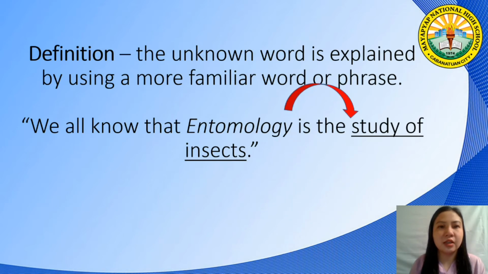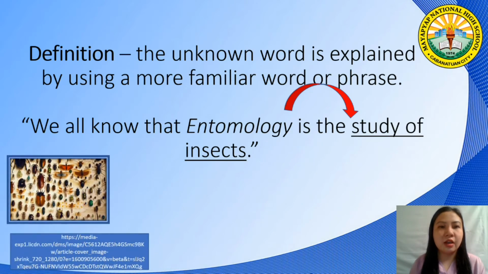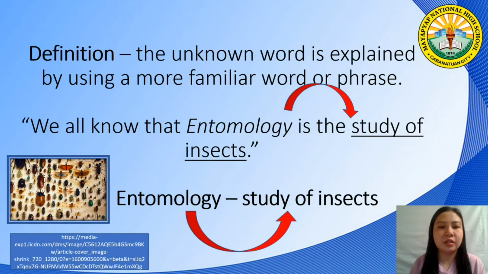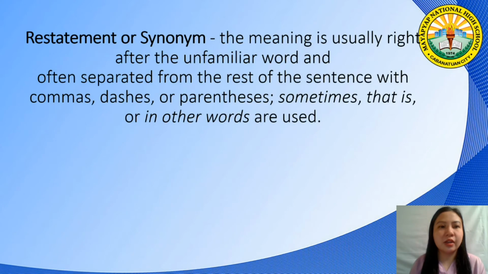Notice that the italicized word is explained by giving its definition in the underlined phrase, meaning to say, the word entomology means study of insects. The next one is restatement or synonym. The meaning is usually right after the unfamiliar word and often separated from the rest of the sentence with commas, dashes, or parentheses.